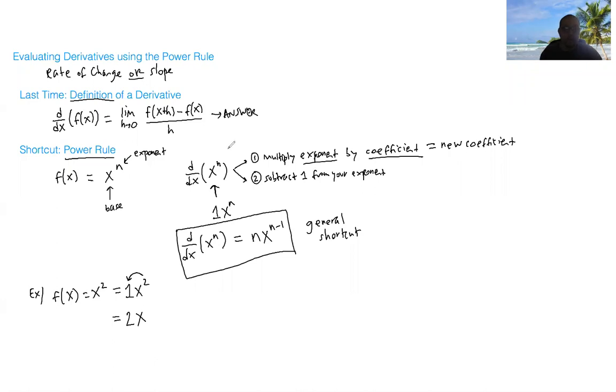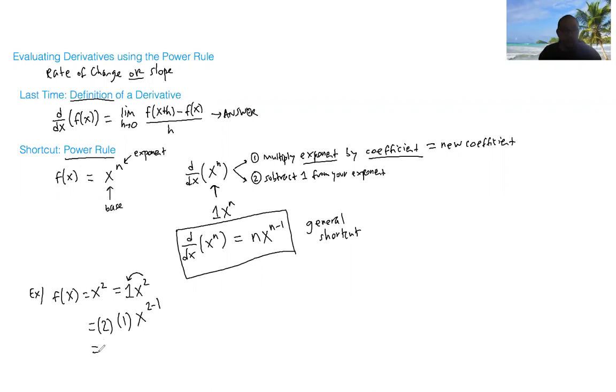So this is going to be, and actually let me write this out so you can see it. We said you're going to multiply your exponent, which is 2, by your existing coefficient, which is 1. Your base stays there, and you're going to subtract 1 from your exponent.